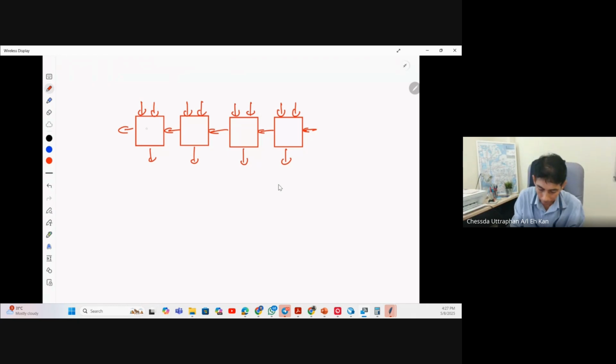But of course, in our subtractor, we use the full adder. So how to know that the answer is 0? I mean, if you have x3, y3, x2, y2, x1, y1, x0, y0, and you subtract x minus y, how do you know that the result is 0? S equal to 0 means that the outputs here are equal to 0, 0, 0, 0, right? That means x equal to y.